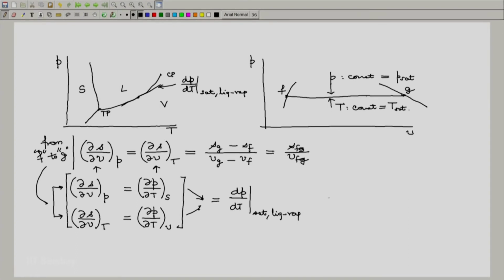Now, all that we have to do is use the right hand side of equation 1 and the right hand side of equation 2, and note that the left hand sides are equal, hence the right hand sides should also be equal.